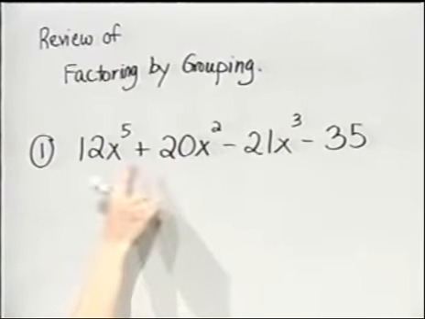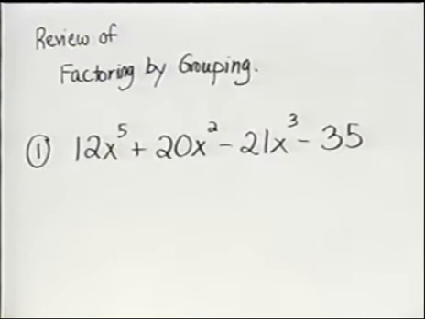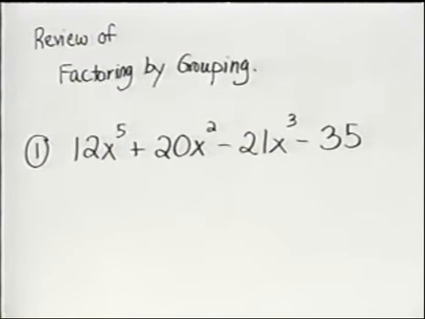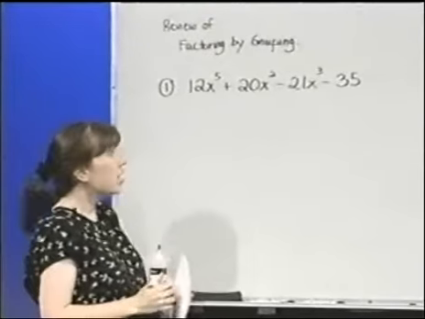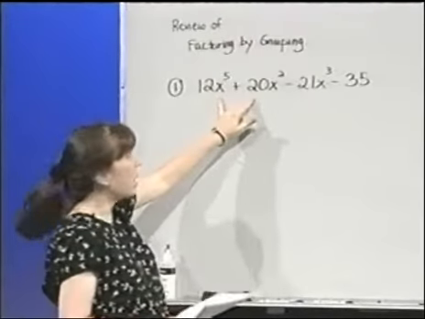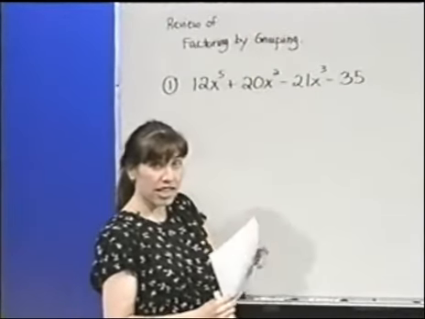Now remember, this is a 1, 2, 3, 4-term polynomial, so the technique you want to use to factor these is called factoring by grouping. And the way you do that is you group these two terms together and group these two terms together.